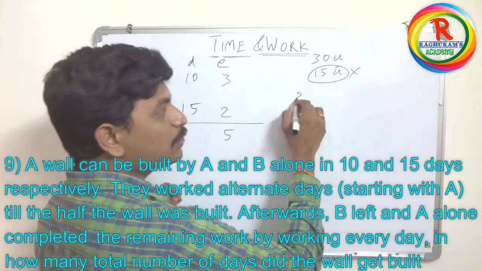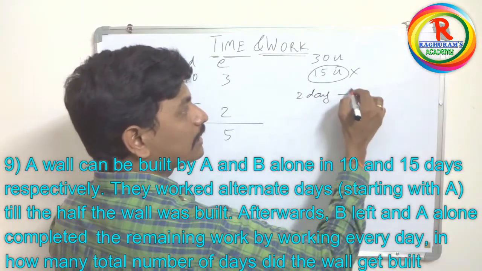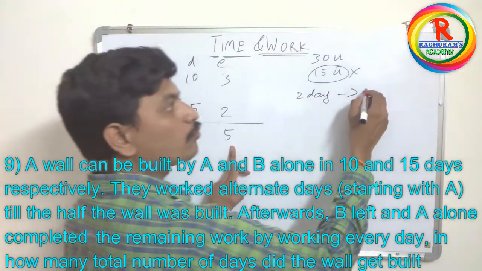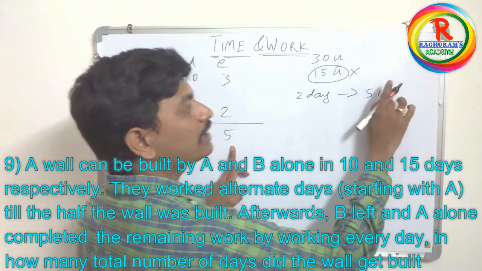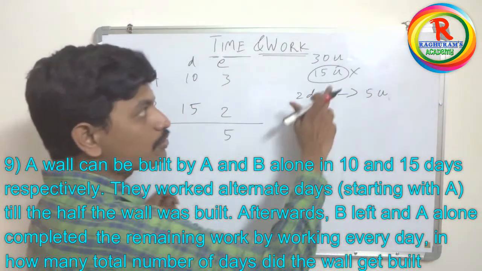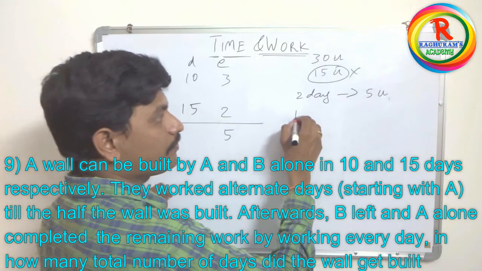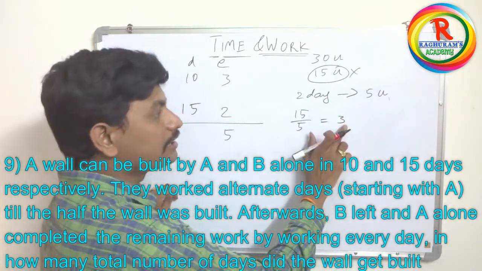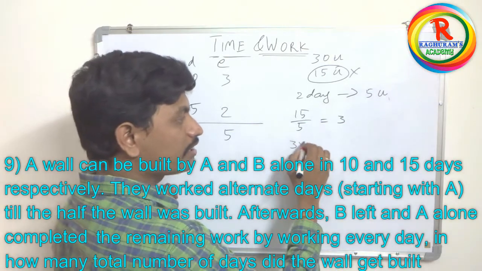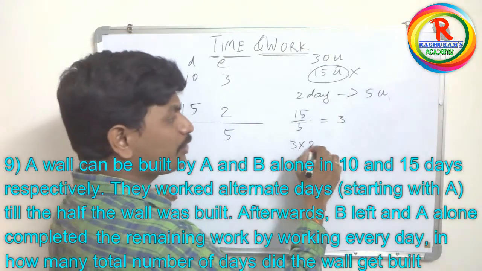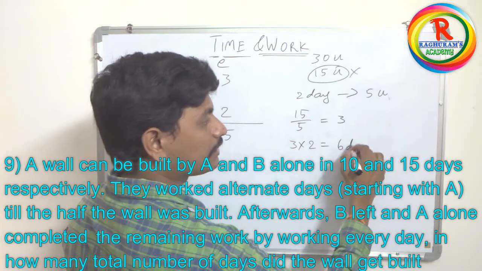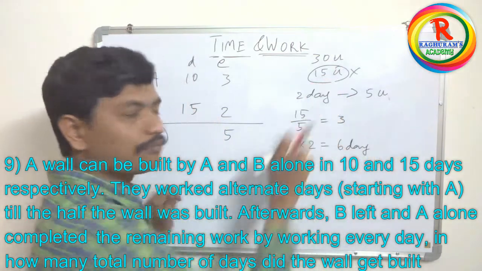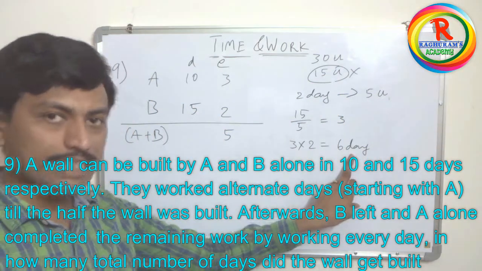In 2 days they can complete 5 units of work. So 15, half of the work, that is 15 by 5 is 3, into 2 days. Because it is alternate days, we take 3 into 2, that is 6 days. Half of the work they can complete in 6 days.